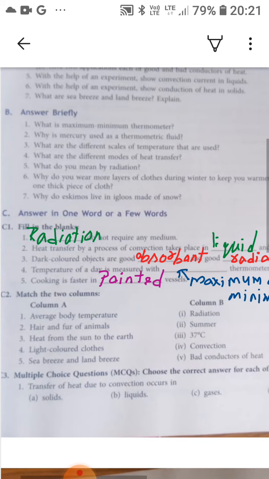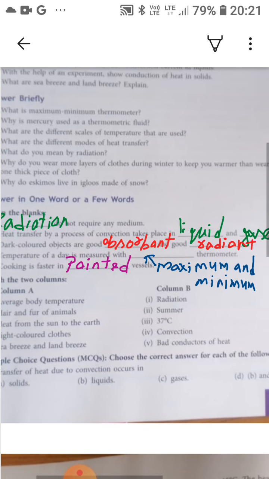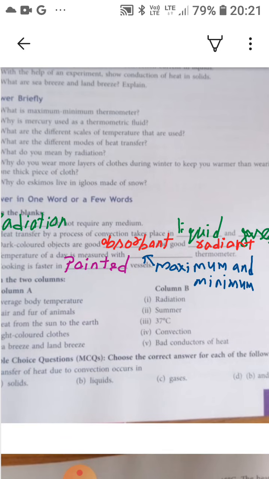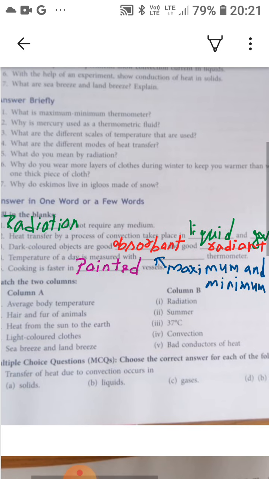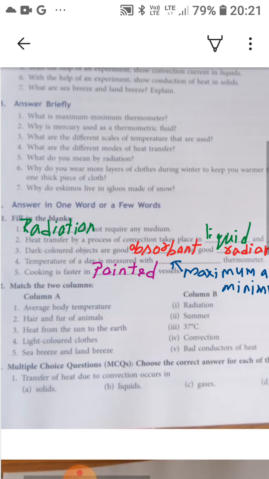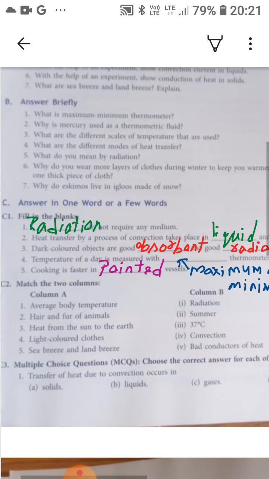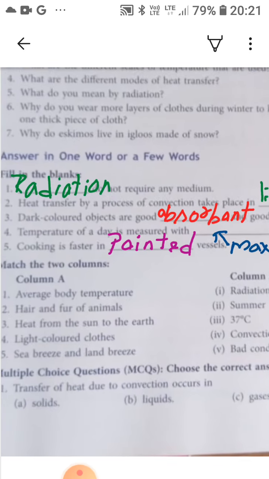Now in the fourth you have to fill maximum and minimum thermometer, that is maximum, and minimum. Now in the fifth you have to fill painted, PAINTED. Now match the two columns.